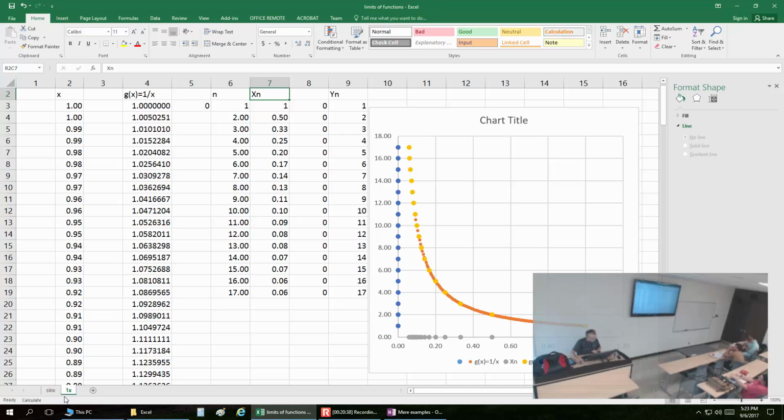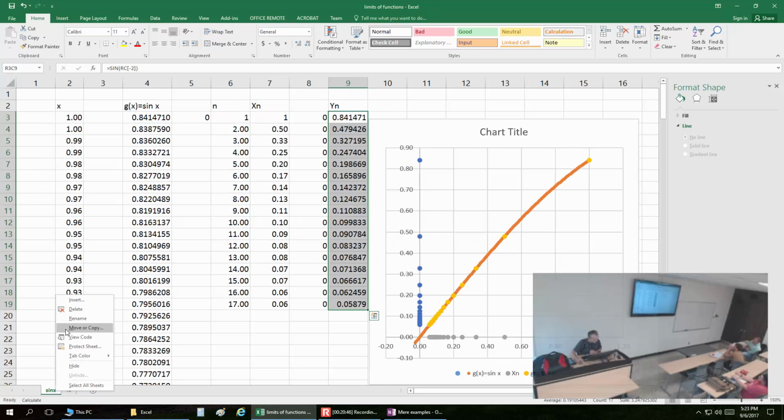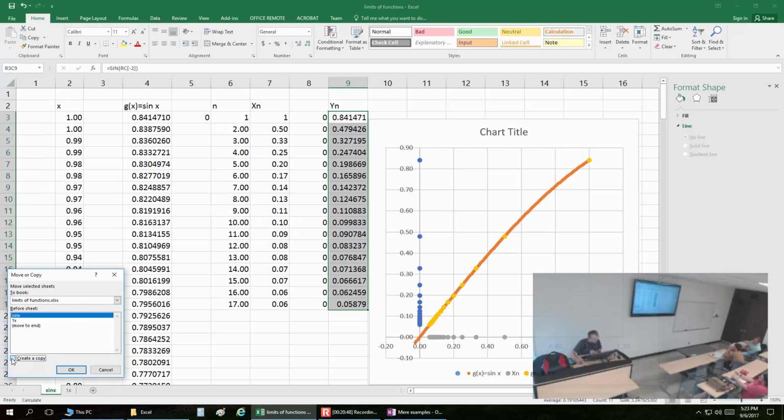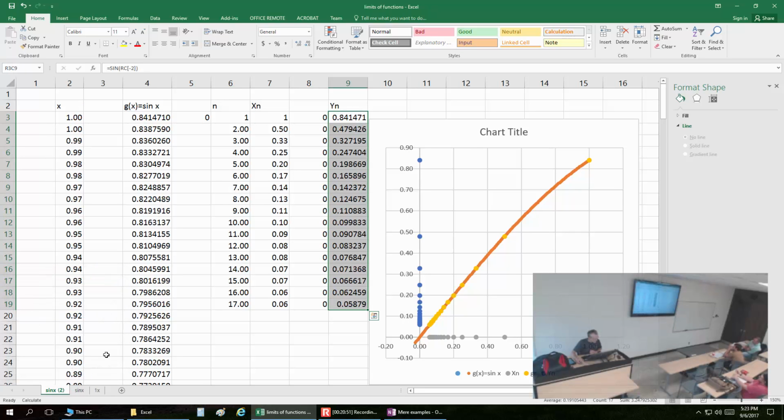So, all right, now let's do one more example. The function is sine 1 over x. Sine, that's what's going to be, 1 divided by x.